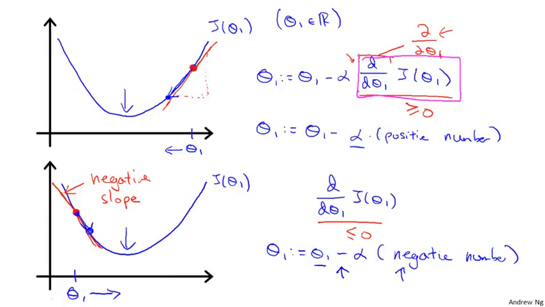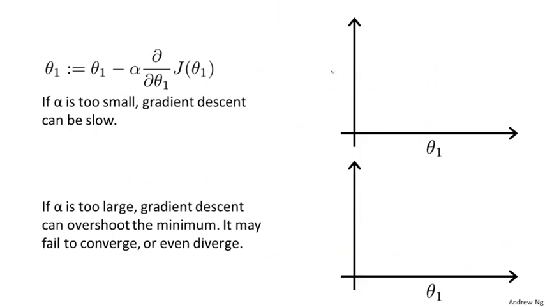Let's next take a look at the learning rate term alpha and try to figure out what that's doing. So here's my gradient descent update rule, right? It's this equation. And let's look at what could happen if alpha is either too small or if alpha is too large. So in this first example, what happens if alpha is too small?